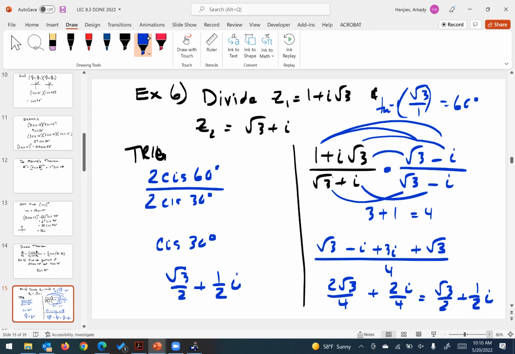Yeah. Okay, are we good? So with division, you could probably do one or the other. With exponents, definitely use trigonometric form, because you don't want to be multiplying these out again and again and again. With the products, same thing, you could probably do one or the other. Cool. All right, we are done.